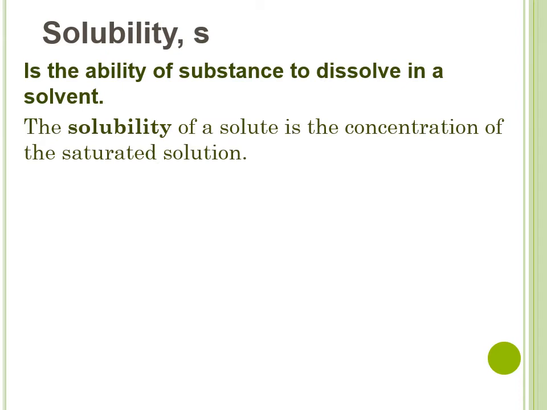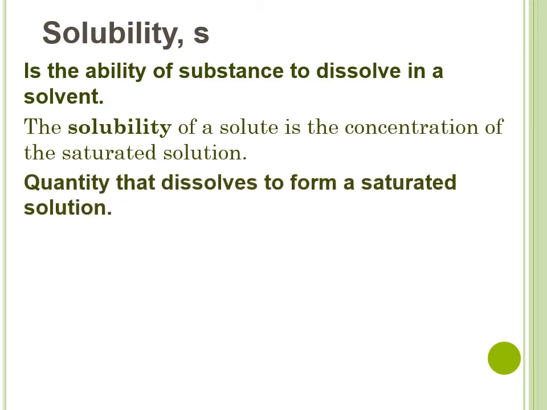The solubility of a solute is the concentration of the saturated solution for the solute. In other words, it is also a quantity that dissolves to form a saturated solution. The unit is gram per liter.